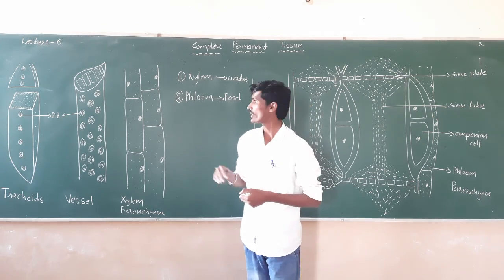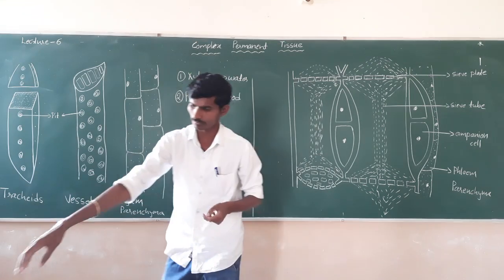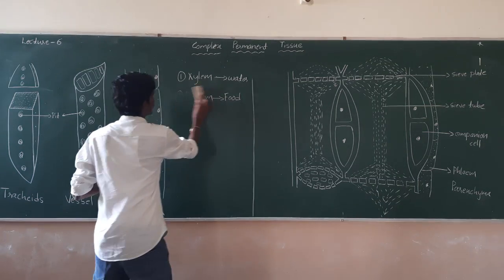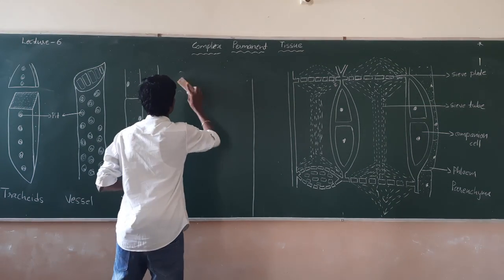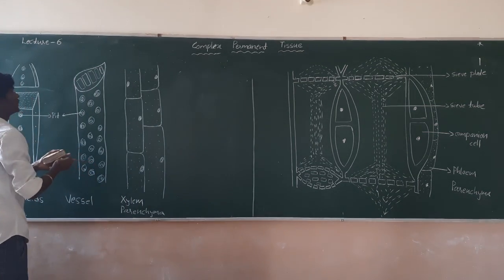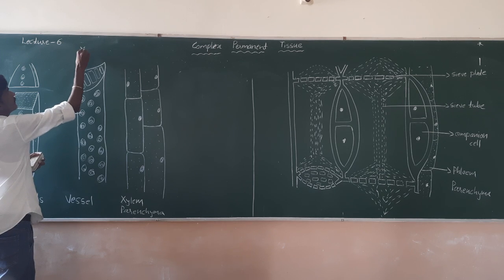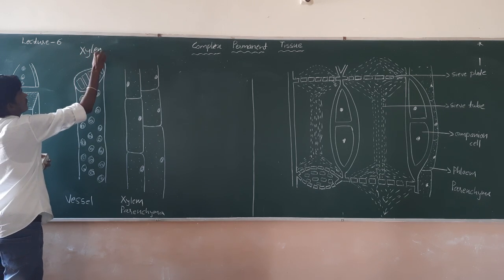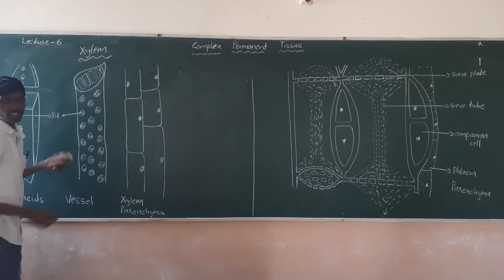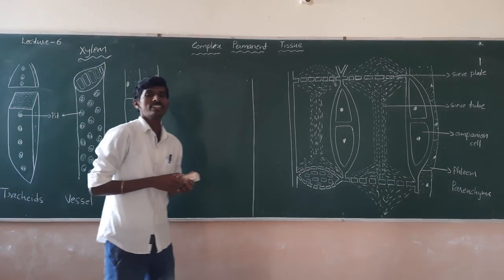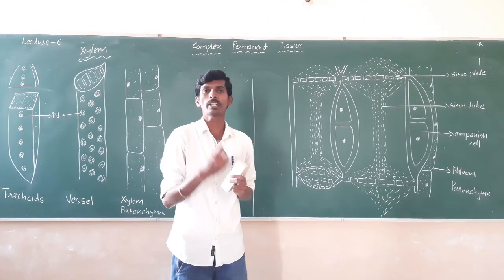Okay, now we will start with the xylem. A xylem consists of four elements.